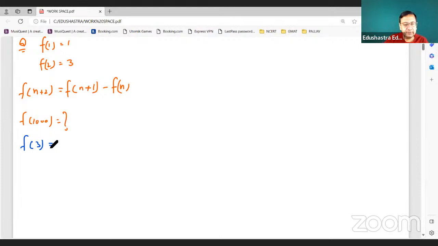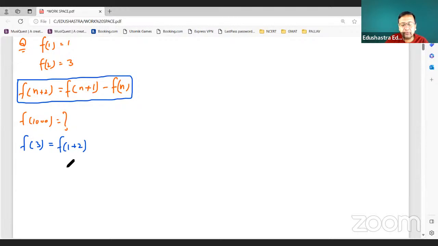Yes, absolutely correct. F3 is 2. Now, how to find this? We have this function definition, and I need to calculate F3. Putting F3 for f of n plus 2, I can write f of 1 plus 2, n is 1, is equal to f of 1 plus 1 minus f of 1.